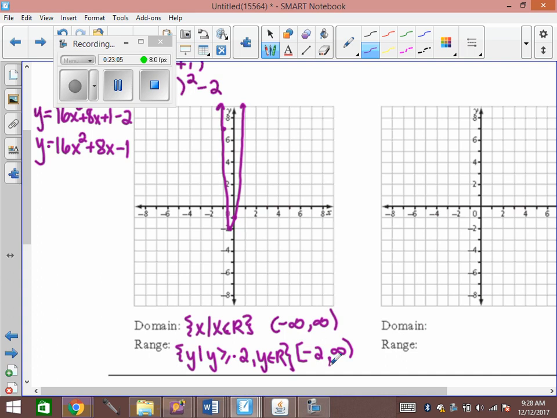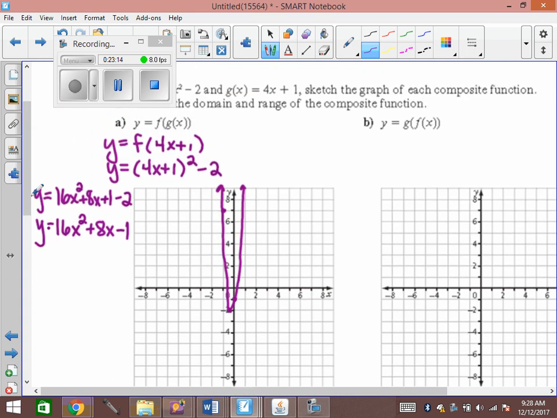So like I said, if you want an accurate domain and range, always plug in before you simplify. And if you want to just graph this, you could plug this bracket (4x plus 1) squared minus 2 in your calculator, right? You wouldn't have to simplify it.